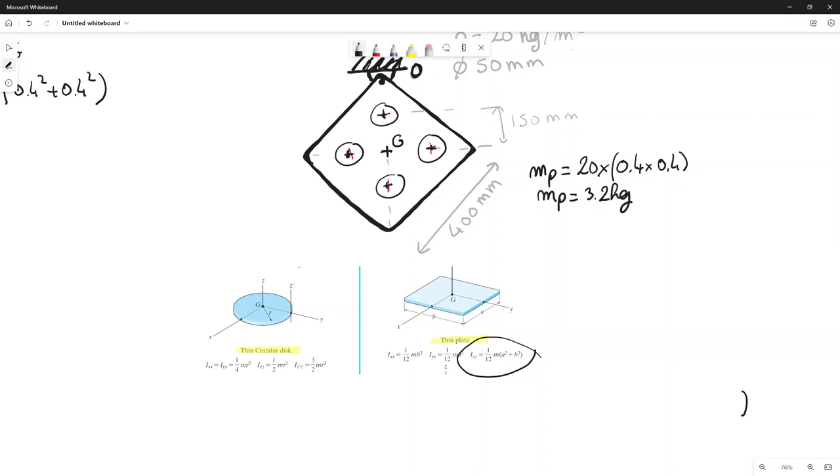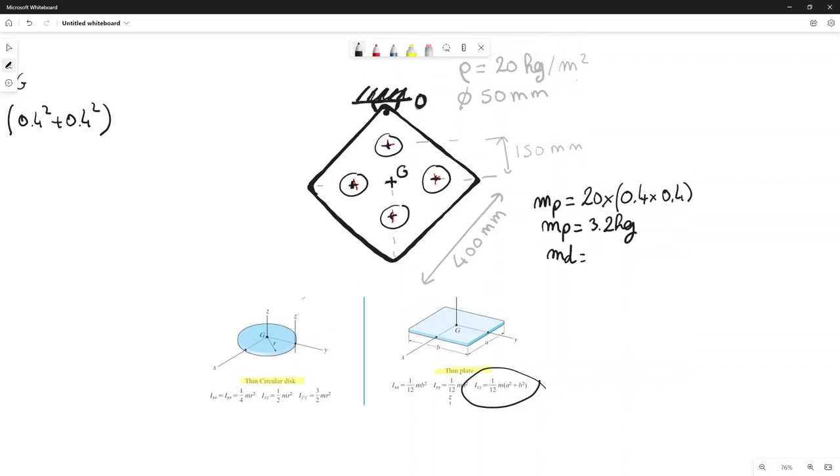And for the disk, I know it will be a negative mass, but let's find the mass of each disk right now. So the diameter is 50 millimeters. So that will be pi times 50 divided by 2 to have the radius squared, times the density. Let me just make a modification.